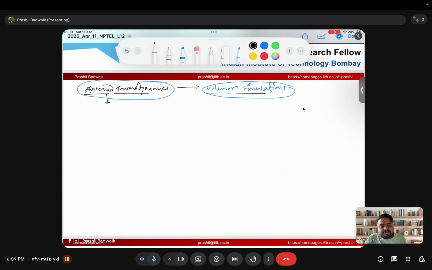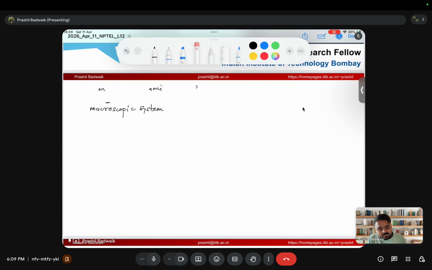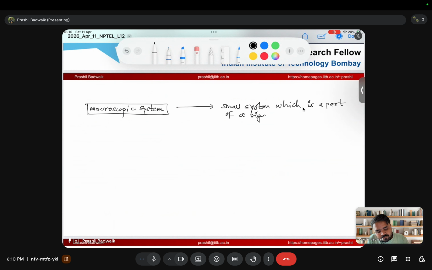So what we are essentially doing here is we have a macroscopic system, and we are taking a very small part of it to get a small system, which is a part of a bigger system.